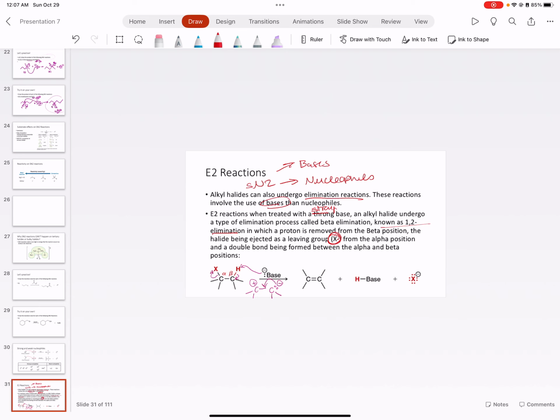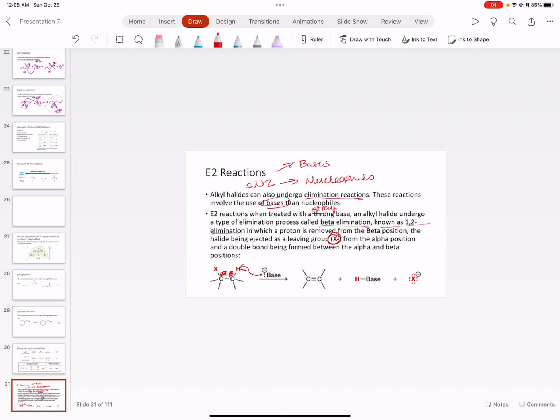You can see here, let me erase my notes, this is how the arrow system will work. Like it says, we go through beta elimination, or 1,2 elimination. You have your alpha and then your beta. Your base is going to take a hydrogen from your beta carbon.